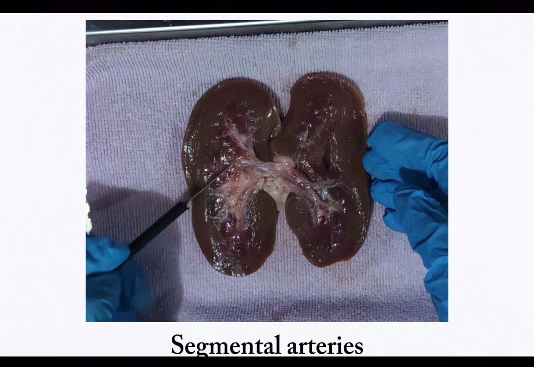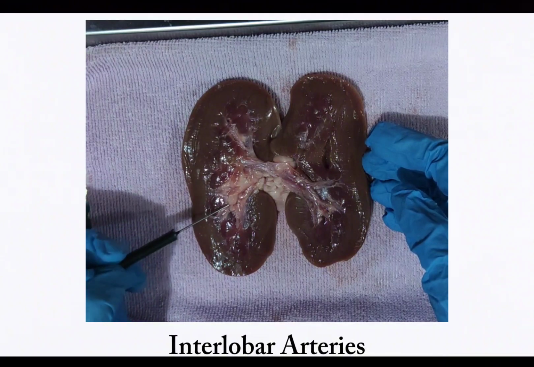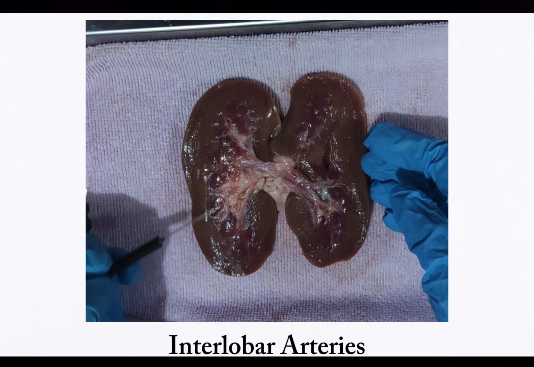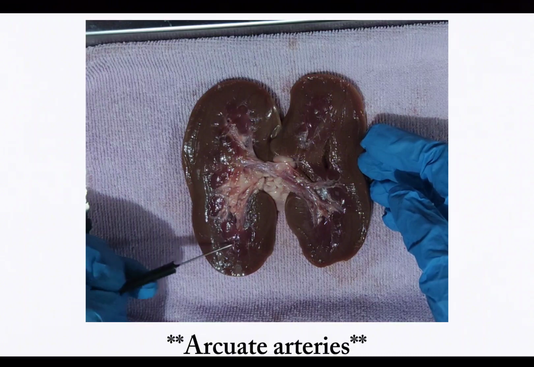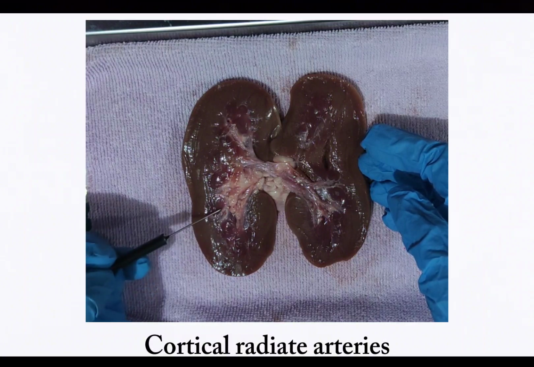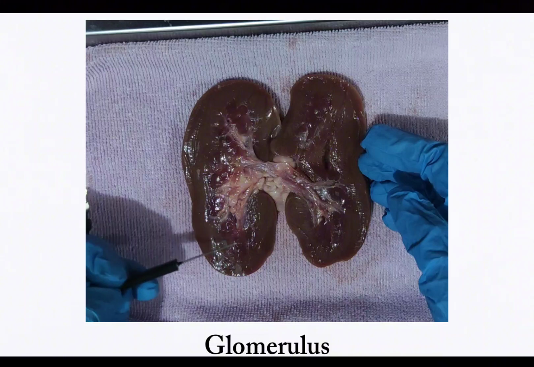This will also branch out to the interlobar arteries, which will pass through the renal column, going to the base of the renal pyramids, specifically the arcuate arteries. Then, it will separate again through the cortical radiate arteries, which go to the renal cortex. Then, it will enter the glomerulus, which will start the filtration of the blood.